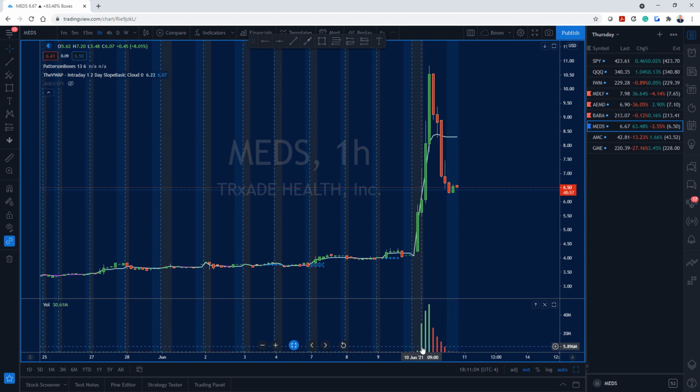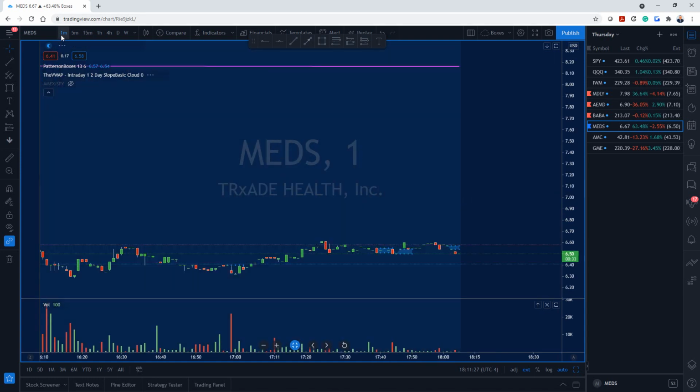Remember, we're seeing massive demand for a low float stock. That should say something to you right there. That should be huge. Massive demand, low float.